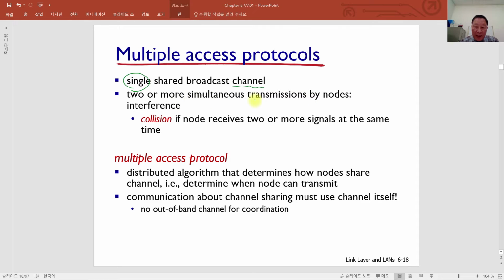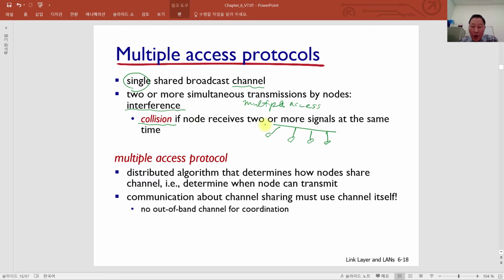This is multiple access because many nodes are trying to access this single channel. Then there will be some interference, in other words, collision.